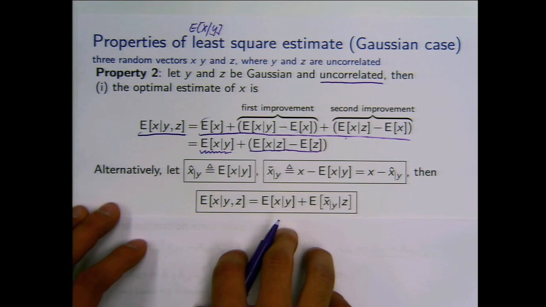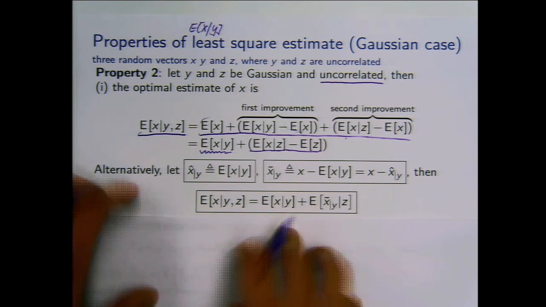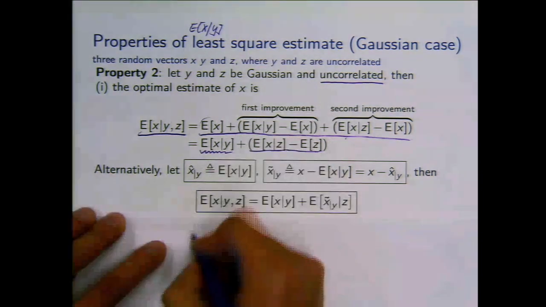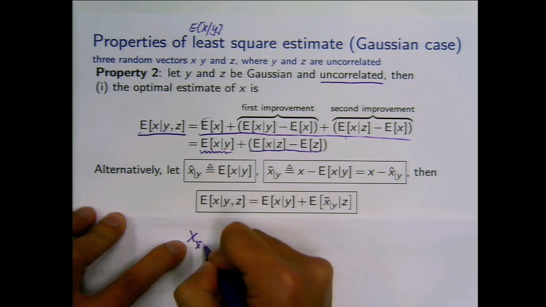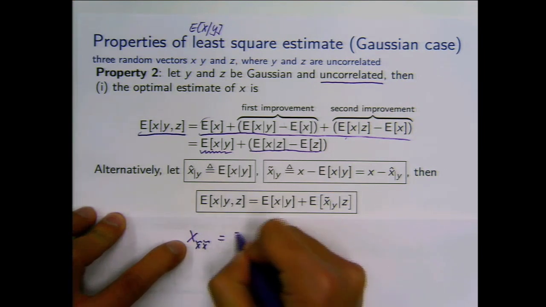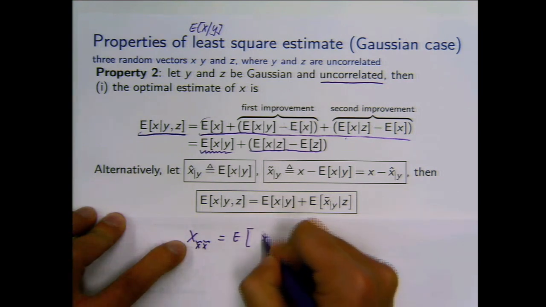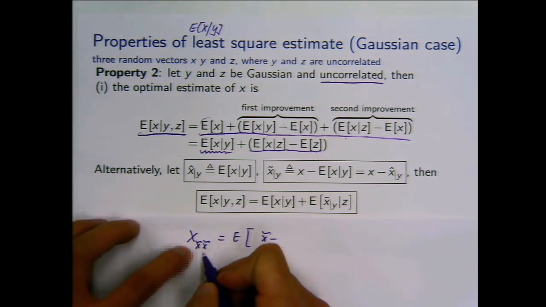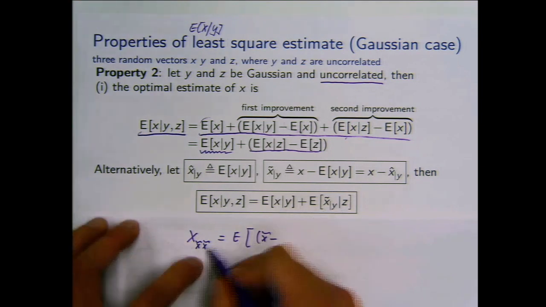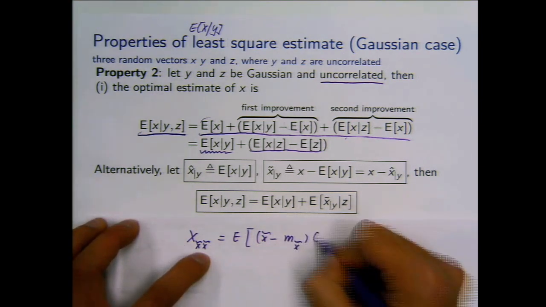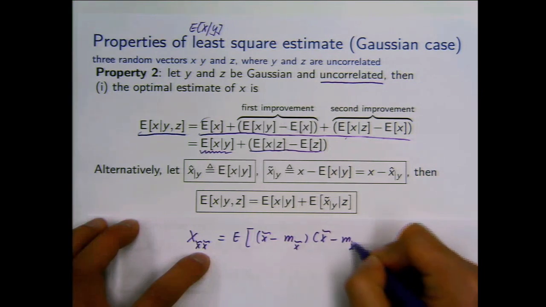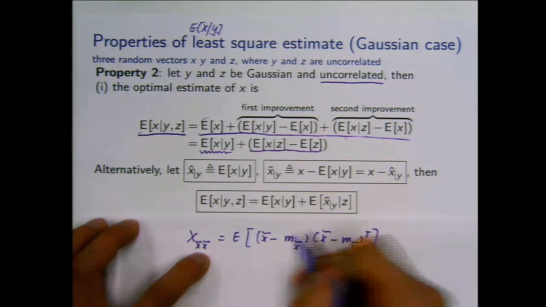I'm also going to introduce, since this will be used later, the covariance of x tilde. Not the cross covariance, the covariance of x tilde: x tilde minus the mean of x tilde, transposed.